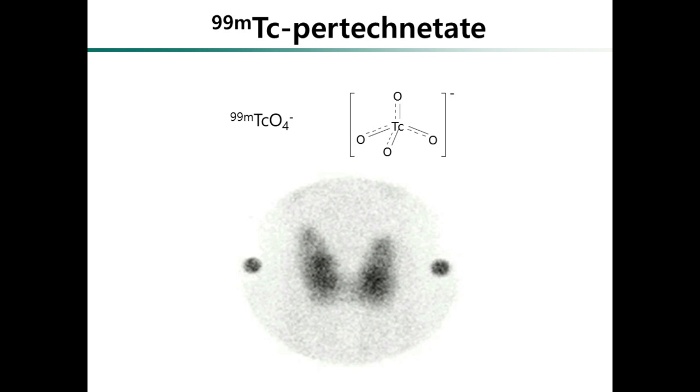That sphere structure with a minus charge is almost the same size as iodine. So that's why the in vivo biodistribution is almost the same as iodine-131 or iodine-123. You can see here the thyroid uptake and also the stomach uptake from the technetium pertechnetate.